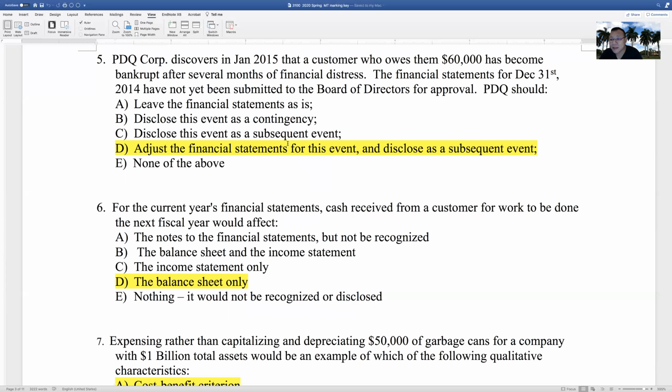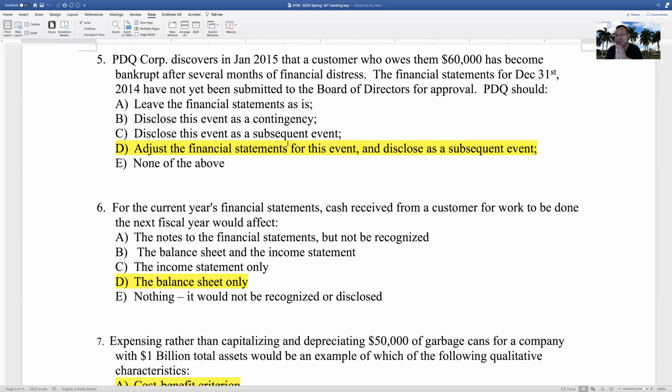The financial statements for December 31st, 2014 have not yet been submitted to the board of directors for approval. So there's no signature yet. They are preparing the financial statements as of December 31st, 2014, and these documents have not been signed by the board of directors yet.